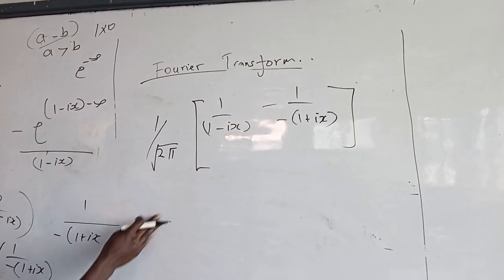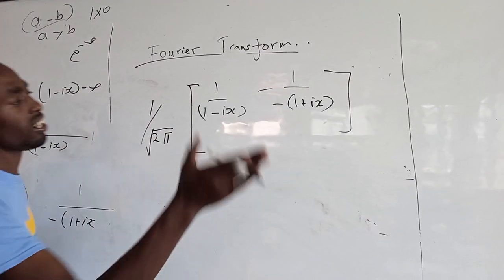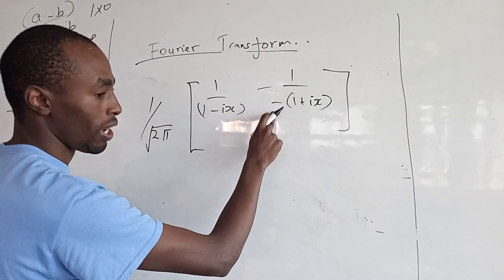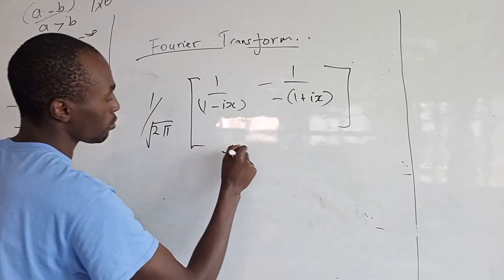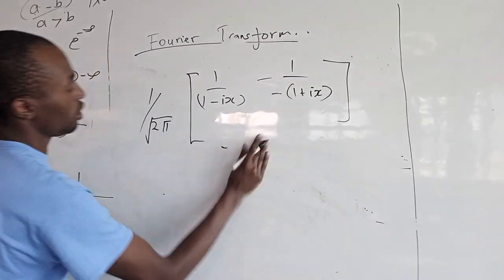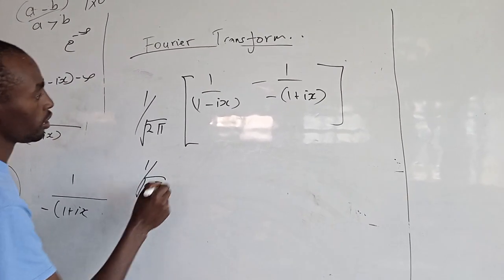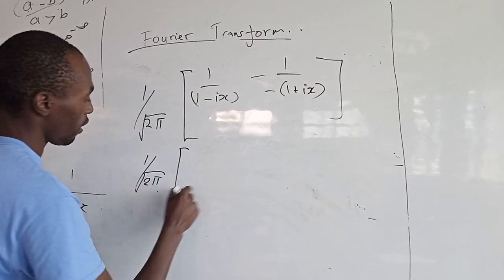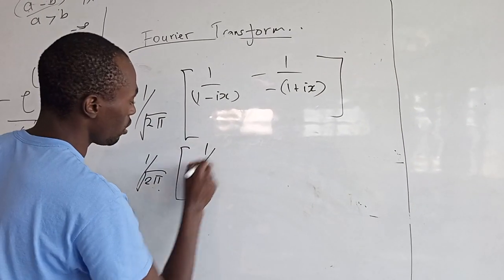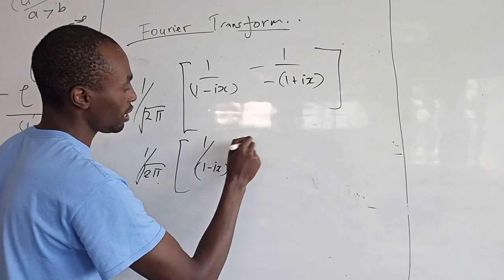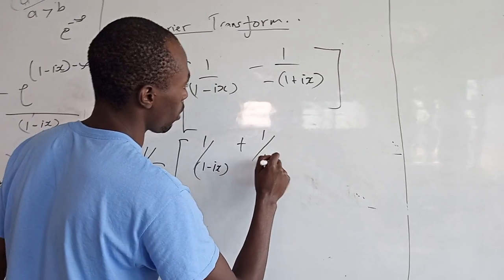This is after doing our integration and everything is done. We're almost finishing. Minus times minus is plus. So it is 1 all over root 2 pi, 1 over 1 minus ix plus 1 all over 1 plus ix.